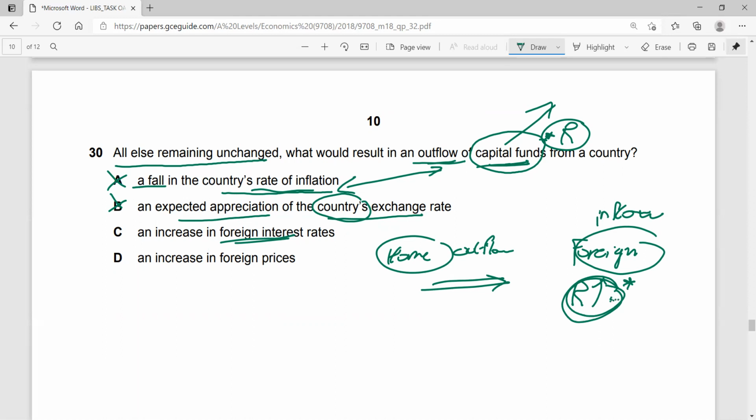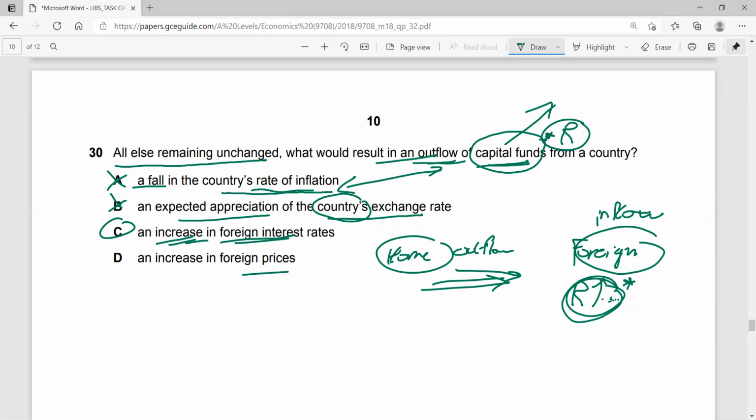I'm not saying all money will go out, but some hot money, some capital flows will flow out of our home country to whatever foreign country or countries where an increase in interest rate has taken place. So this increase in foreign interest rate would result in an outflow of capital funds.